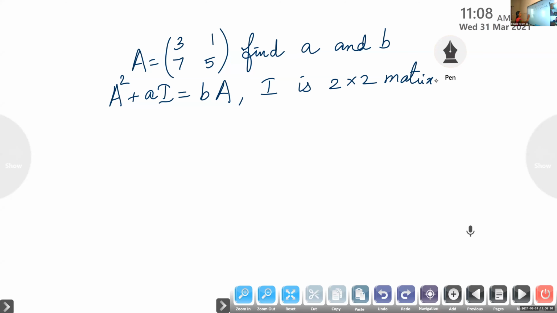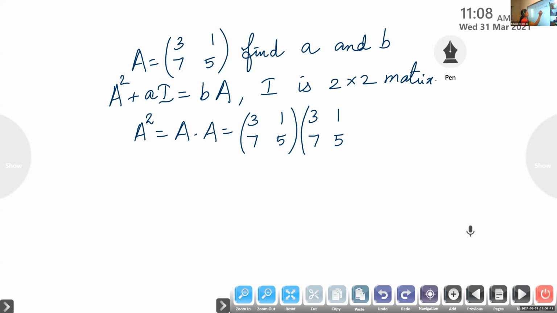So A is given. We want to find A square. What is A square? It is A into A. The matrix 3, 1, 7, 5 into the matrix 3, 1, 7, 5.